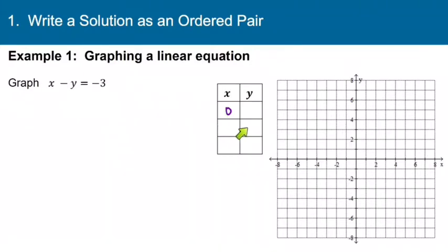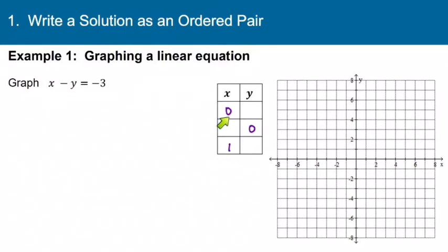And for my second point, I will choose to plug in 0 for y. And then, just for a double check, we're going to plug in any third value and generate a third solution. So you can use any x or y that's convenient for you. I'm just going to choose x equals 1 here. So in a minute we'll plug that in and generate the y value that goes with it.